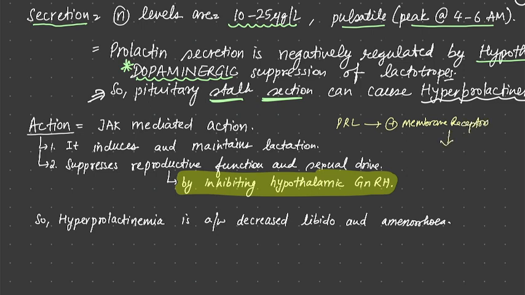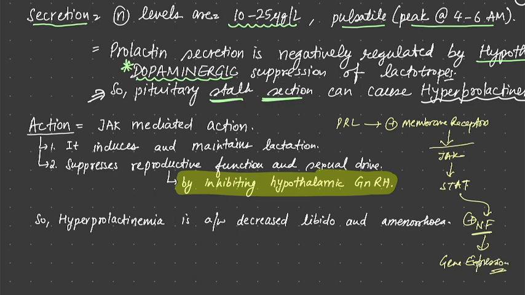Membrane receptors will stimulate the JAK, which is an intermediate signaling molecule. JAK will stimulate the STAT. STAT will carry this signaling message to the nuclear factors or transcription factors, and they will lead to gene expression, right?